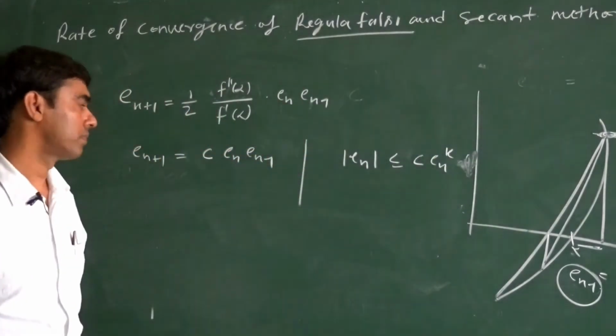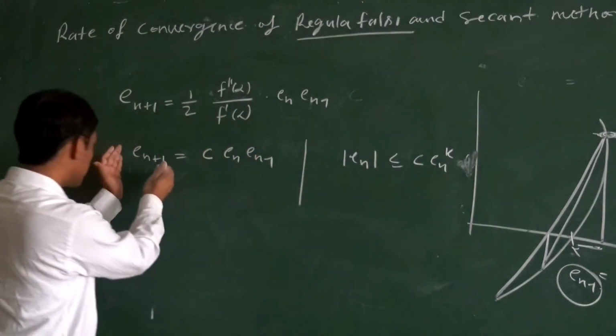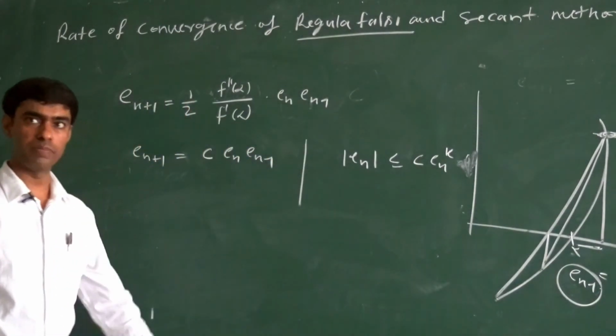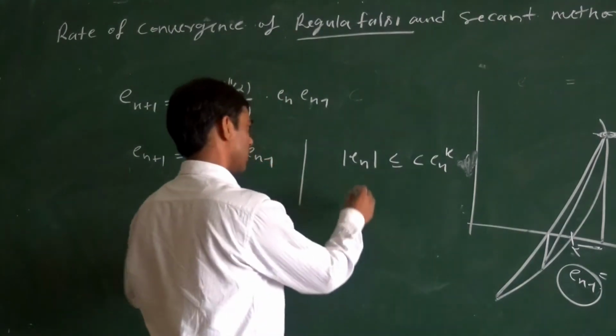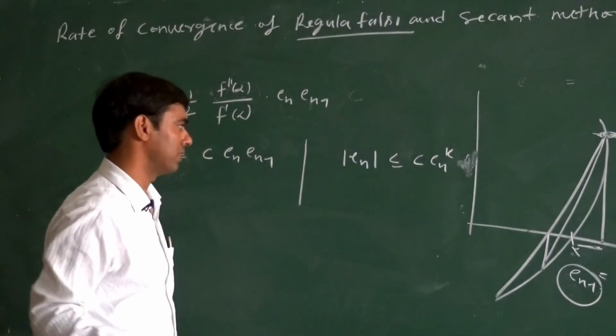Here this is a modulus value, and we consider this a positive difference, and this is also a positive difference. There is no need to write the modulus here because this is already a positive difference.